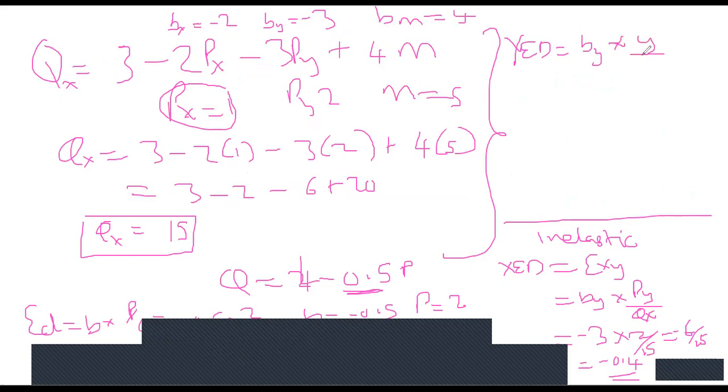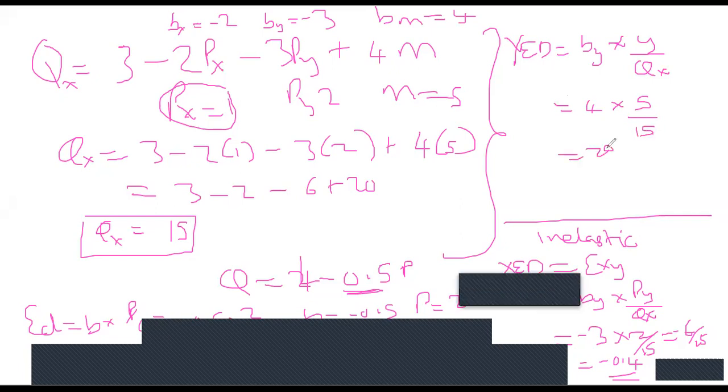Income can be denoted by Y or M. It's divided by the quantity of X. So what is our gradient for the income? 4. The actual income, 5. The quantity here was what? 15. So this is 20 over 15. So it's a positive answer. 20 divided by 15 is 1.33. What type of good is this? Normal good. Excellent. It's a normal good.